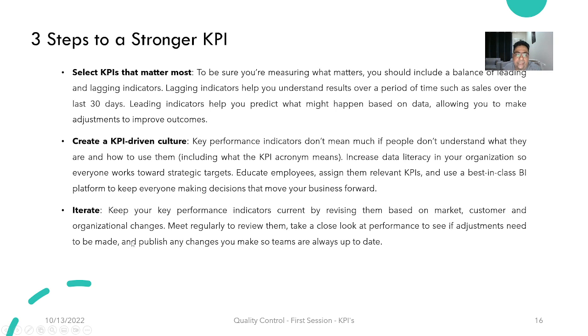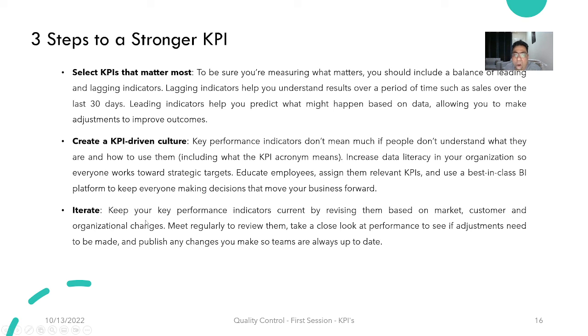Number 3 is iterate. Keep your key performance indicators current by revising them based on market, customer, and organizational changes. That means you have to mention each and every change that happens within a specific period of time.